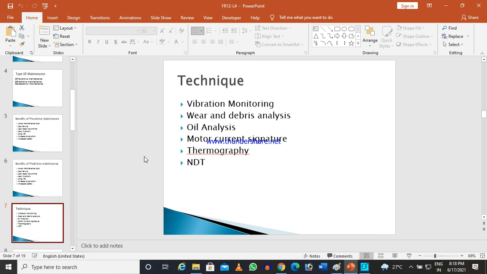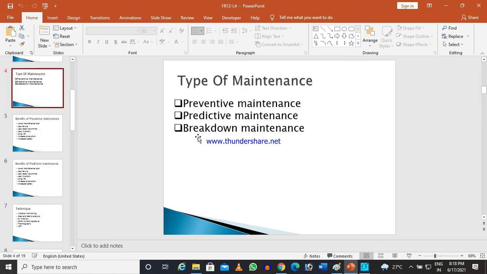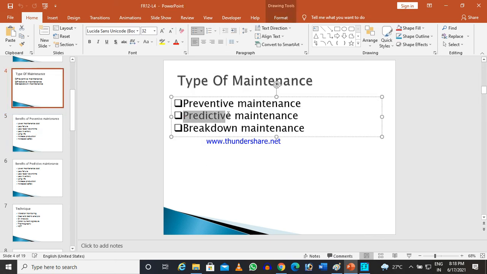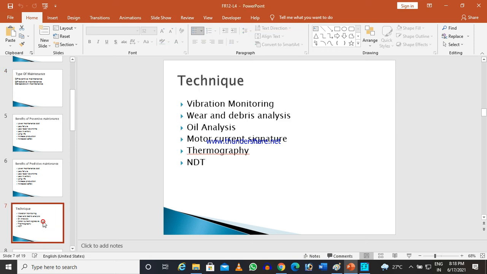Now we will learn what the techniques are. As I told, we will learn in detail about predictive maintenance. Predictive maintenance means predicting the present condition of the plant or machinery, and based on that taking the necessary action.